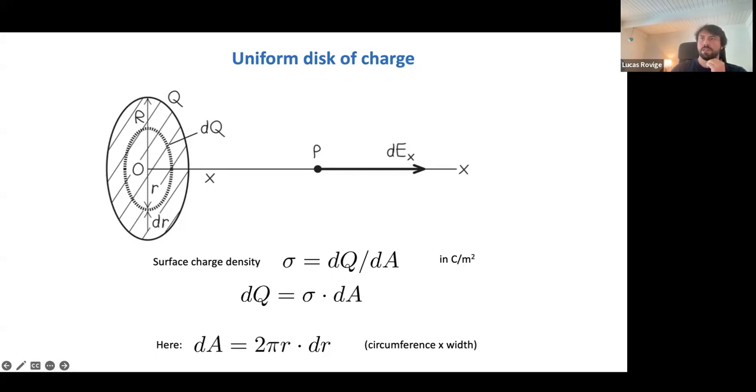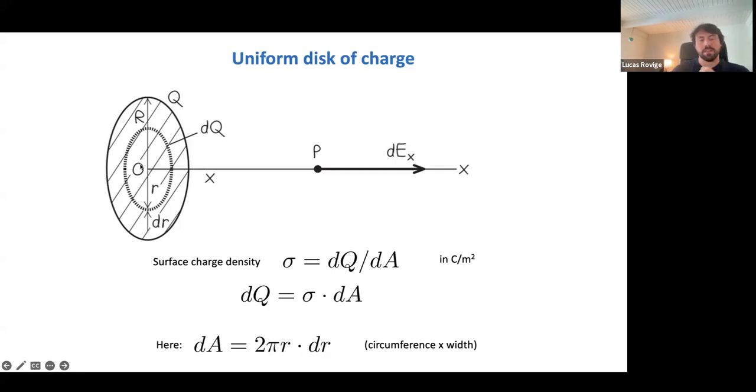So this uniform disk has a total charge Q, and this time, we still have to define a small charge element, which is an infinitely small element that has a small charge and that we will be integrating over.